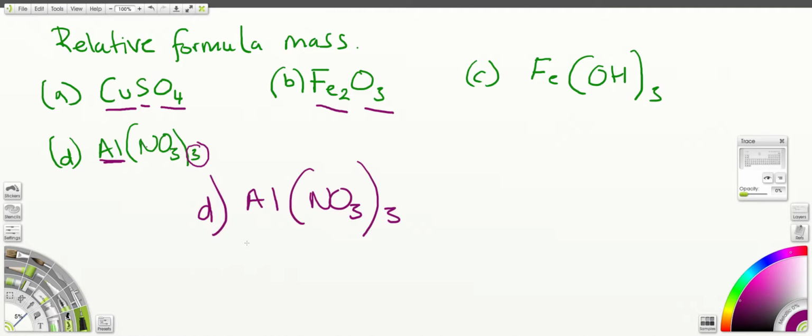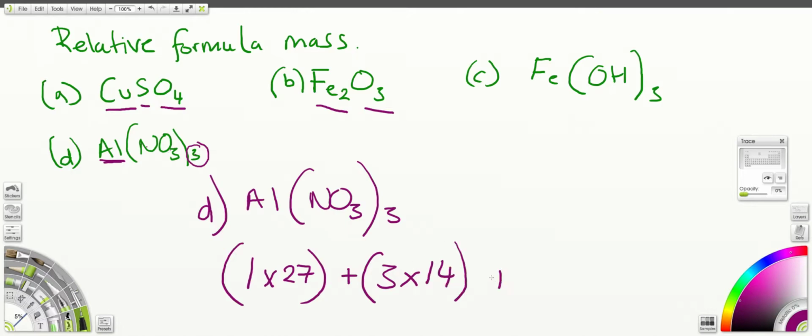Let's do this. What's the mass number for aluminium? Aluminium is 27, so I've got 1 aluminium. I'm going to times that by 27, plus I've got 3 nitrogens because I'm timesing it by the outside. 3 times nitrogen, the top number is 14, plus 9 because I've got 3 times 3 oxygens, 9 times 16.